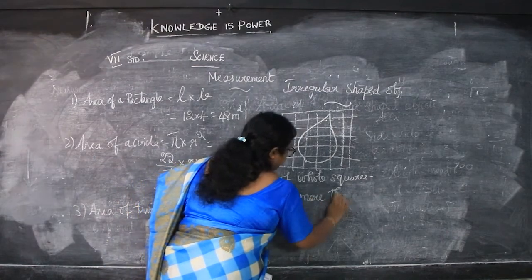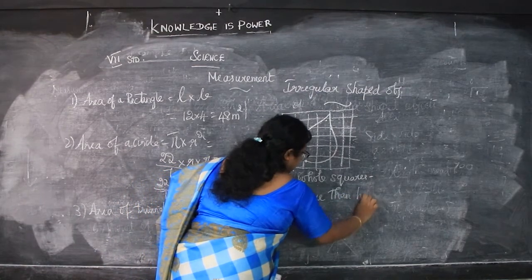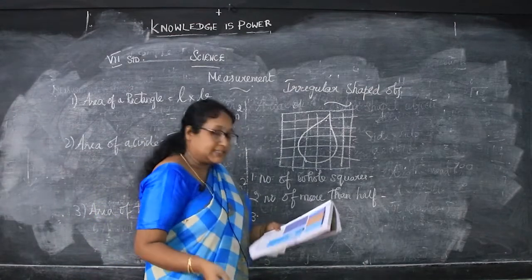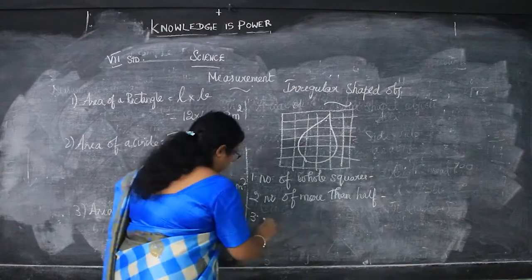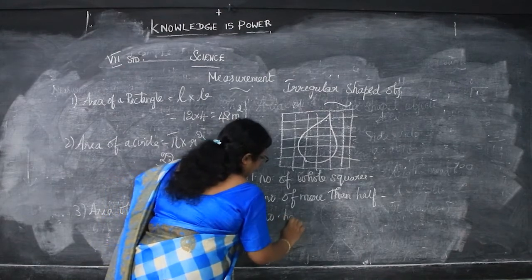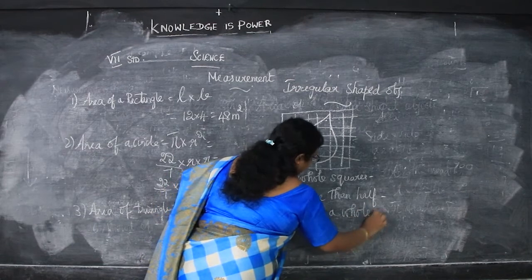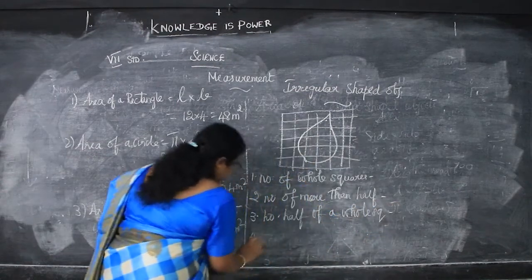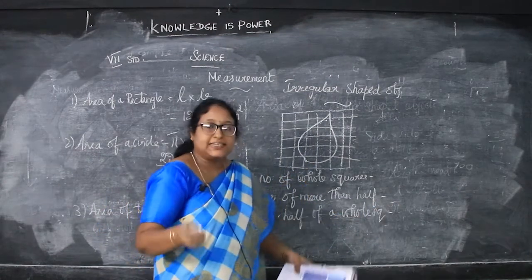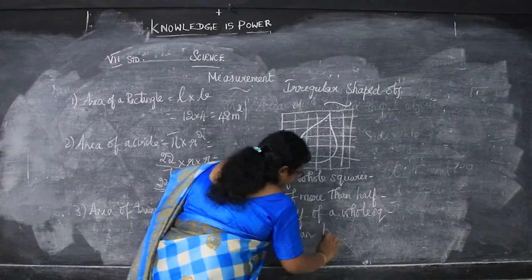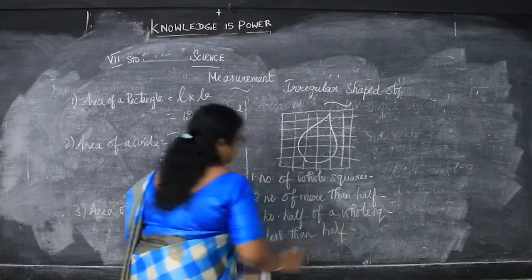The third is the number of squares that are half of a whole square. The last is less than half. So what are the four things you are going to see?